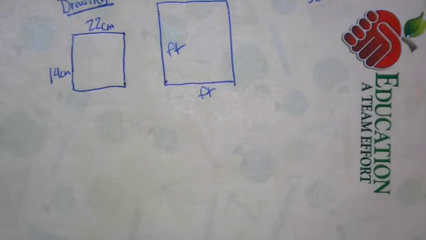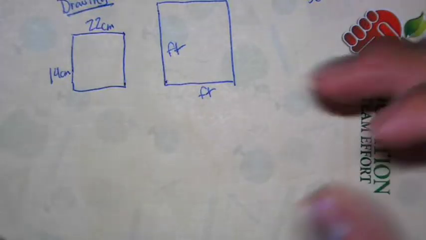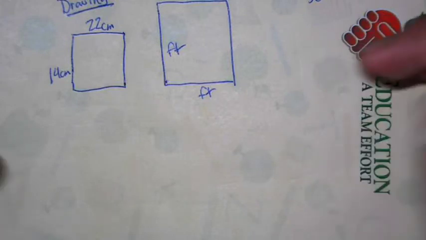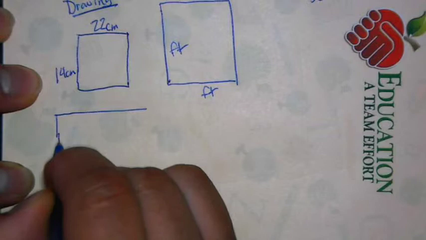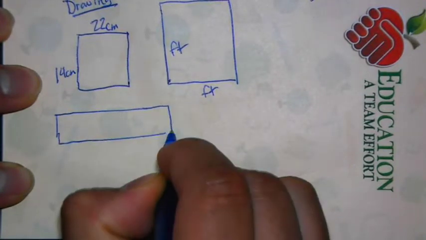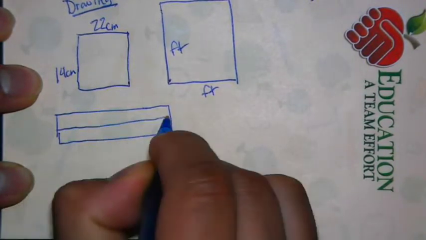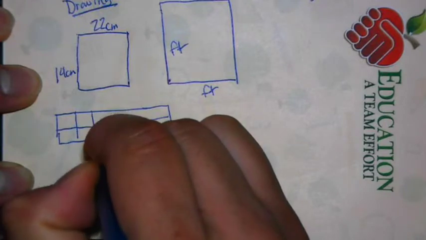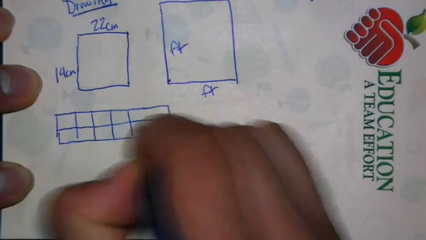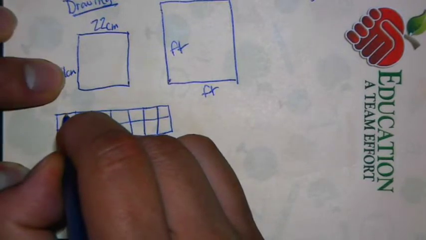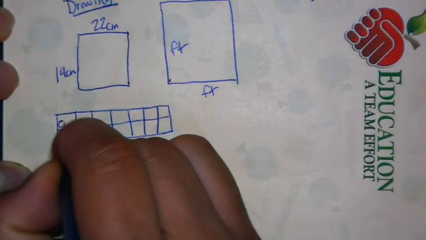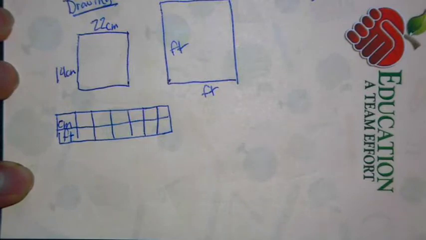Again, going back to what we've been doing in the other problems, you can set up a table, okay? And my table is going to look like this. Some of you are already getting pretty good at this, so you can get ahead of yourselves. My units are centimeters and also feet.